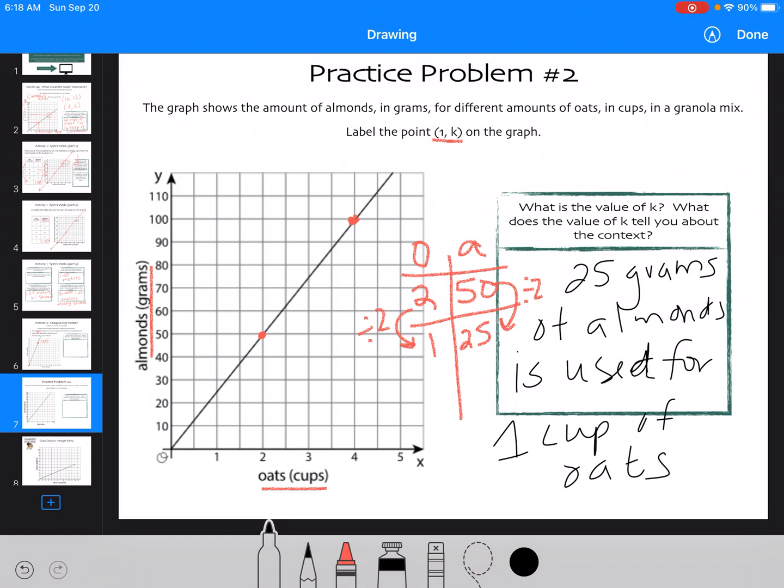So 25 grams of almonds is used for 1 cup of oats. And I can see that right there on the graph.